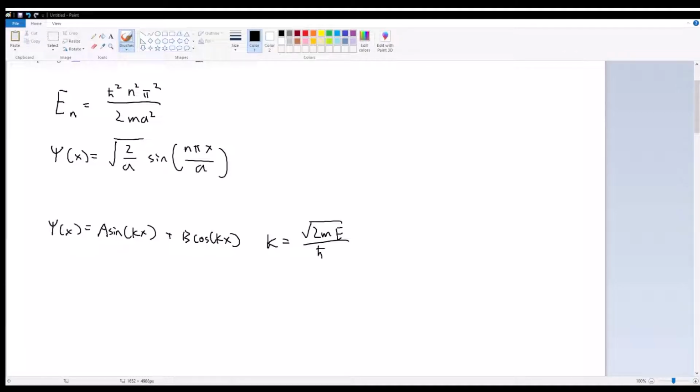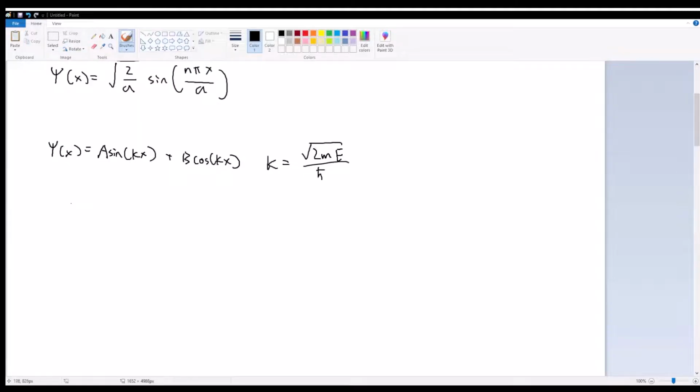Now, if we realize that this is an infinite well, immediately that means that the derivative no longer has to be continuous. So we only have the boundary condition that psi of x itself has to be continuous, not its derivative. Our two positions are at x equals negative a and x equals positive a, and both have to equal 0 because the potential goes to infinity outside of the well.